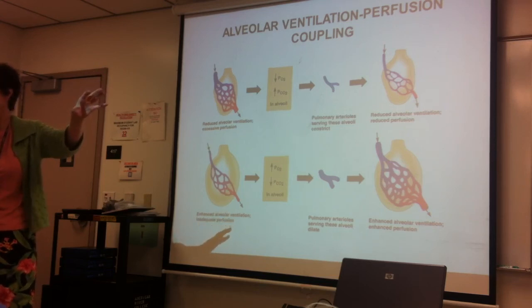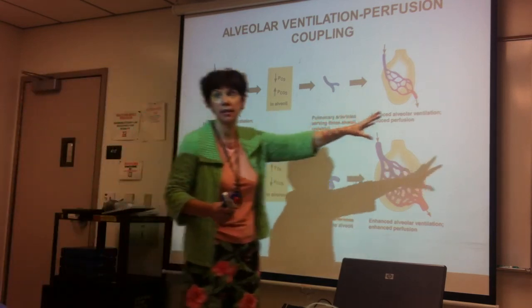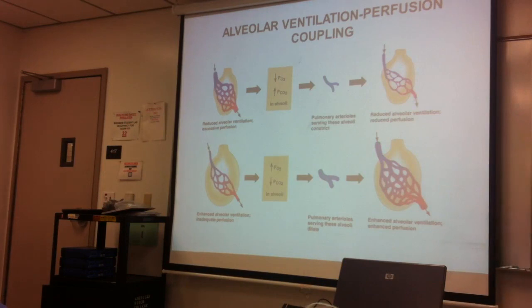So as those capillaries flow by, they're not getting much oxygen. So what happens is the arterioles to that bed of capillaries will constrict and divert that blood flow to another segment of the lung that is getting ventilated.